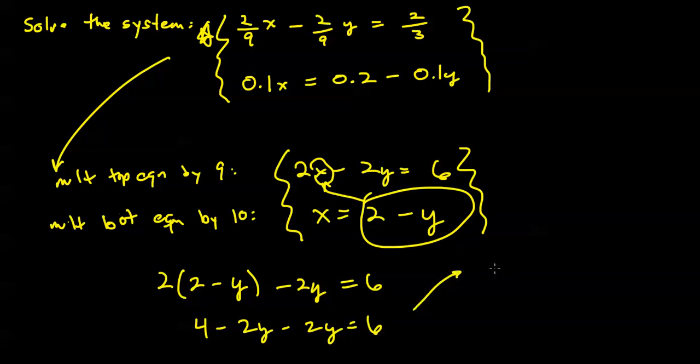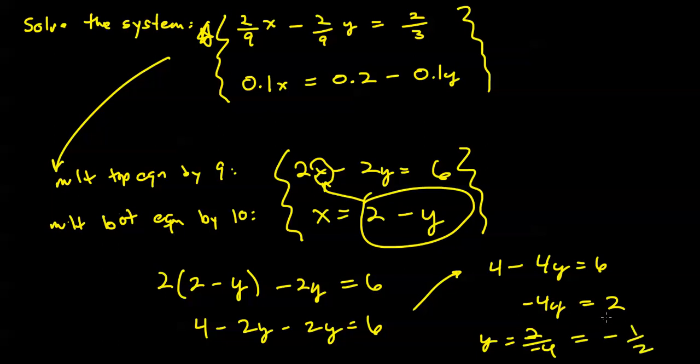So 4 minus 4y equals 6. Minus 4y then equals positive 2, subtracting 4 from both sides. And y equals 2 over minus 4, which of course reduces to negative 1/2. So in the solution to this system, y must be negative 1/2.